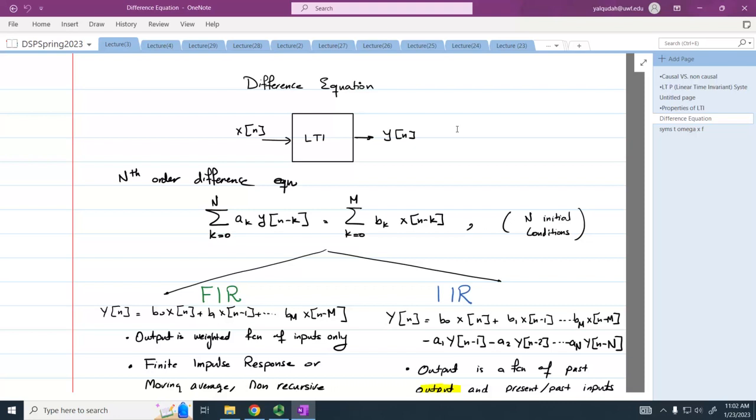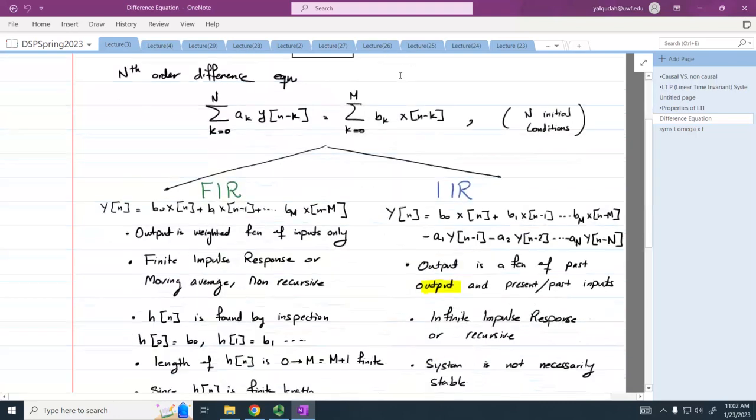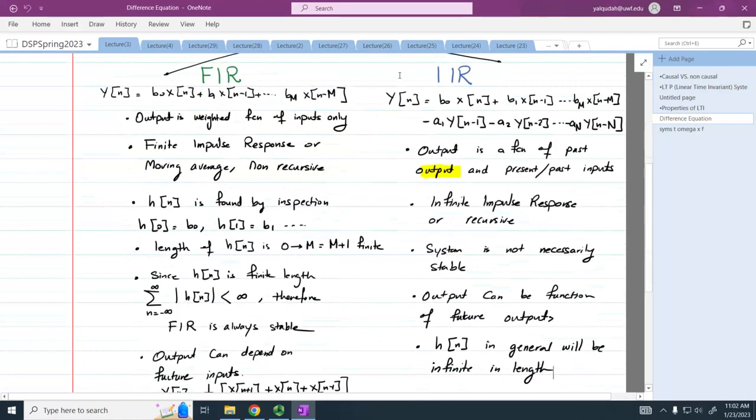And as a result of that, as we will see in more detail, the FIR filter will have a finite impulse response, whereas the IIR filter will have an infinite impulse response. The FIR filter is always stable since I have a finite number of terms. If I add them according to the stability criteria, they're going to be finite.